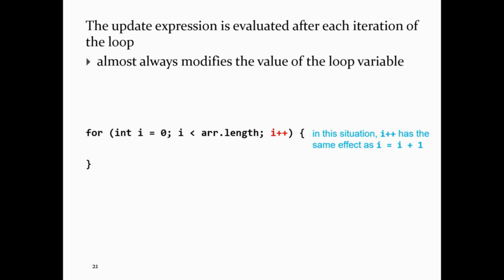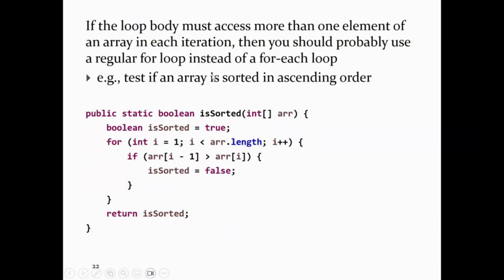Okay, so there's another problem with the for each loop. There are many cases where, when you're writing the loop, you need to access more than one element of the array in the same loop iteration. In the examples we've seen so far, we've only been looking at the current element the loop is at.